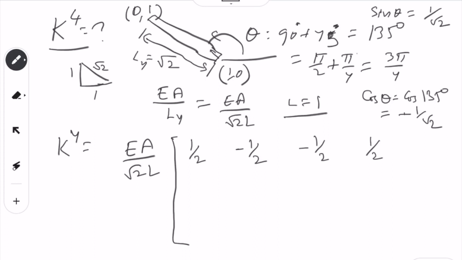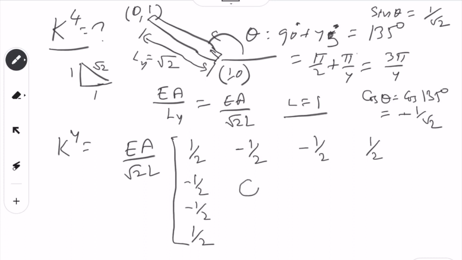Done. Now this is also symmetric, so whatever we wrote here we can write here, so repeat it: minus 1 over 2, minus 1 over 2, 1 over 2, done.